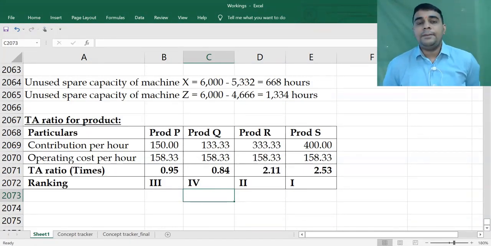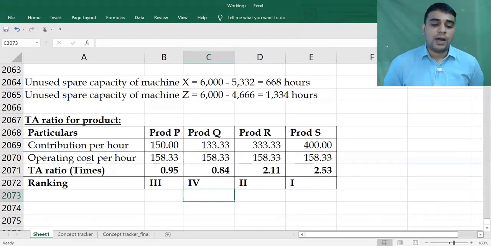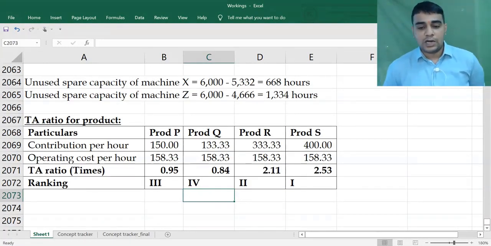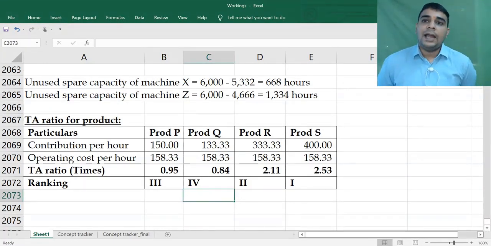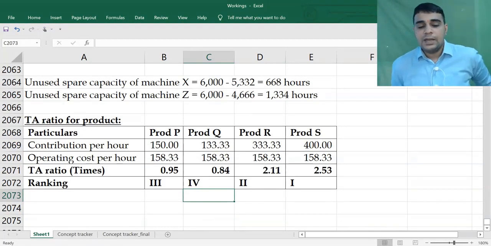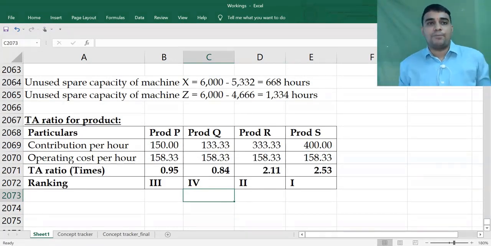So what this company can do is bring down the capacity from 6,000 to maybe 3,000 because P and Q are loss making. If I bring it down to 3,000, would the fixed cost also become half? If it becomes half, then logically it makes sense to halve my capacity. Why I am bringing it down is that P and Q are not profit making products for me.